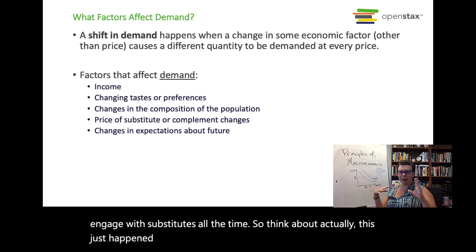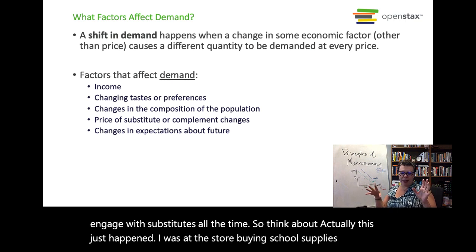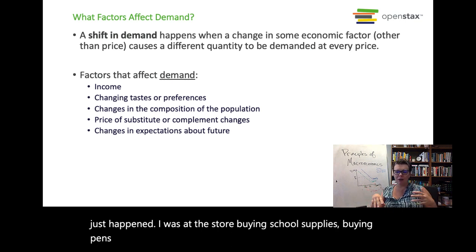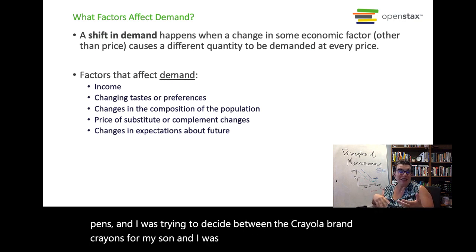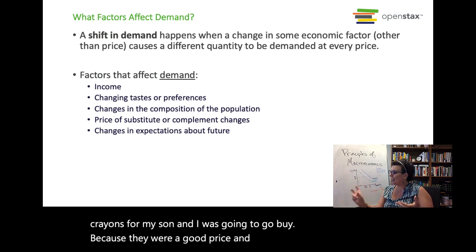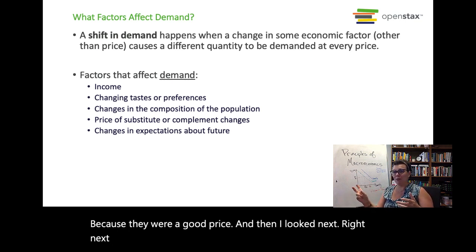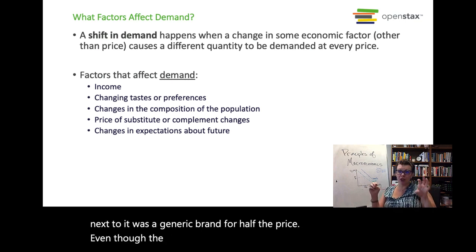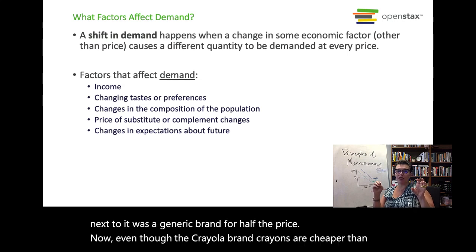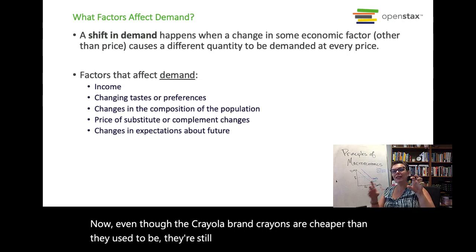I was at the store buying school supplies, buying pens, and I was trying to decide between the Crayola brand crayons for my son, and I was going to go buy them because they were a good price. And then I looked right next to it was a generic brand for half the price. Now, even though the Crayola brand crayons are cheaper than they used to be, they're still more expensive relative to the generic brand.